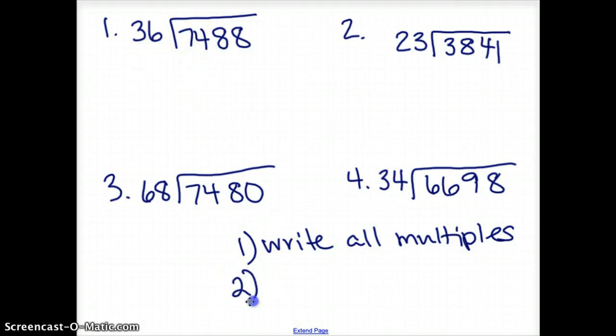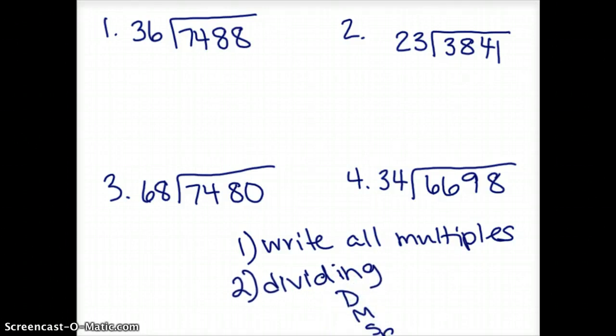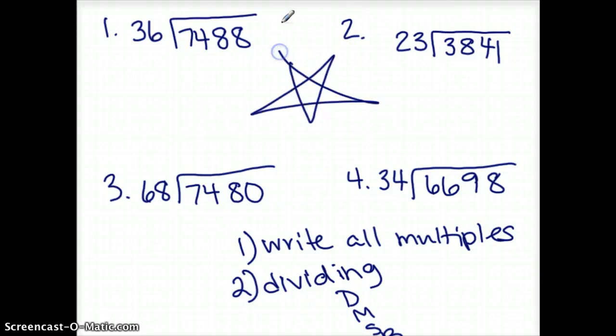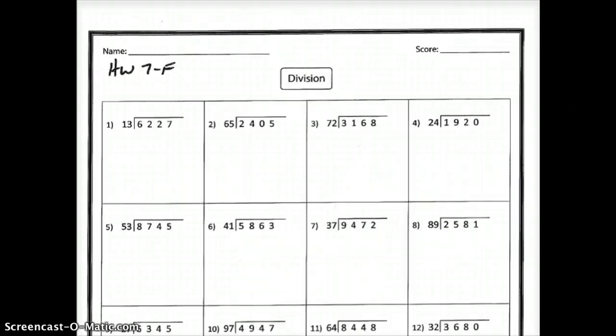Your second step is to start dividing using the steps divide, multiply, subtract, bring down. Okay, when you're finished with these 4 problems, raise your hand to get a star. And then we're moving on to your homework today.